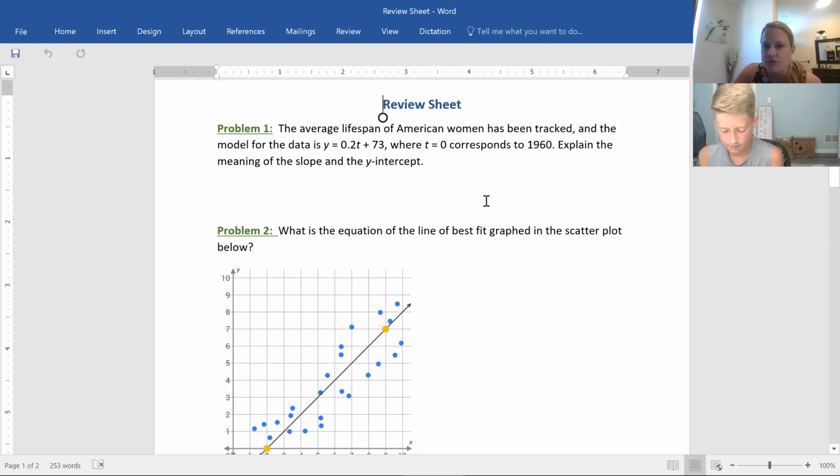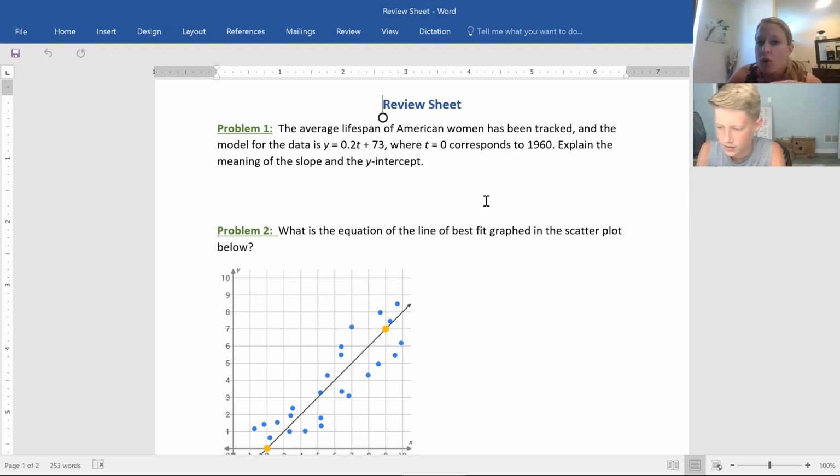What does 73 mean? That's how many years the study would go on for. Not necessarily how many years the study would go on for. How many months it went up. How many years it went up.